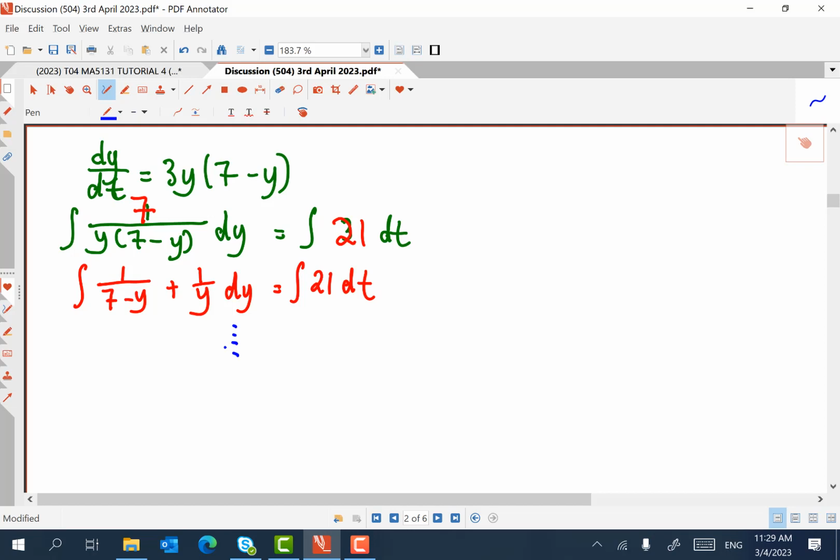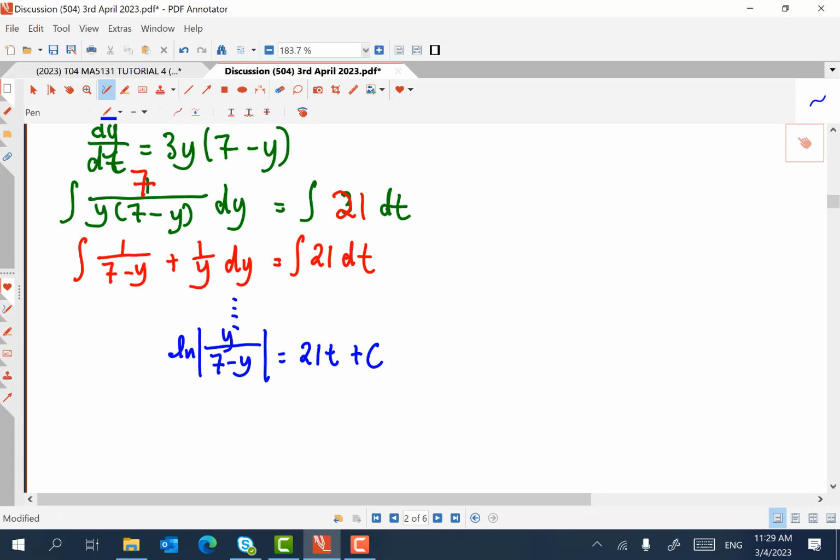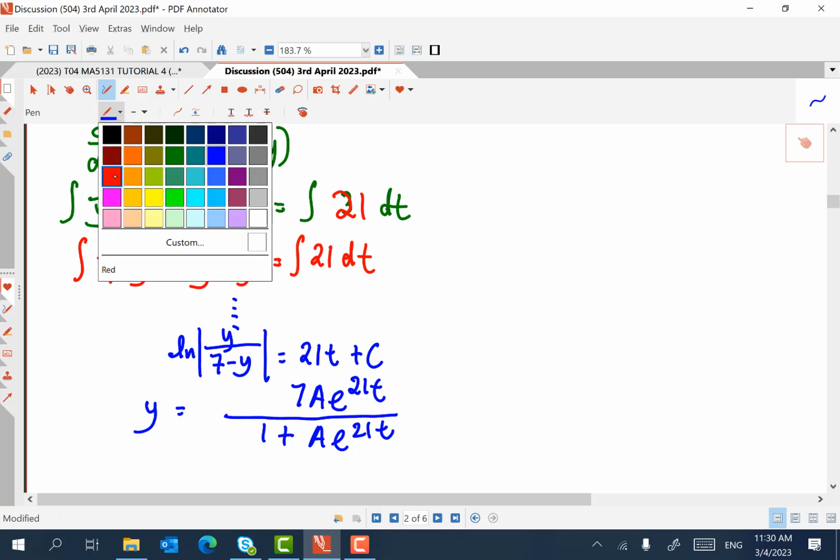If you do from scratch, the left hand side will tidy up to become this. Again, I have skipped steps.